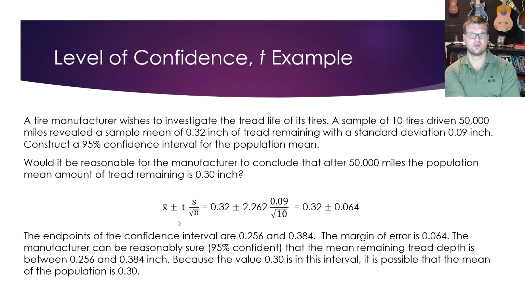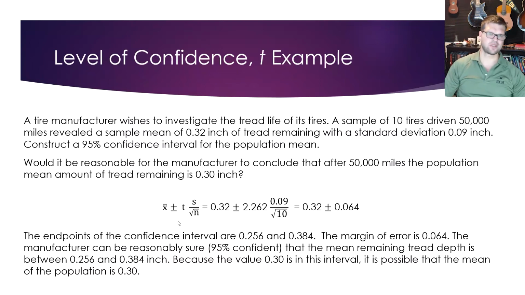They want to know how much tire tread is still remaining after driving 50,000 miles. And the average amount remaining was 0.32 inches of tread, with a standard deviation of 0.09 inches.